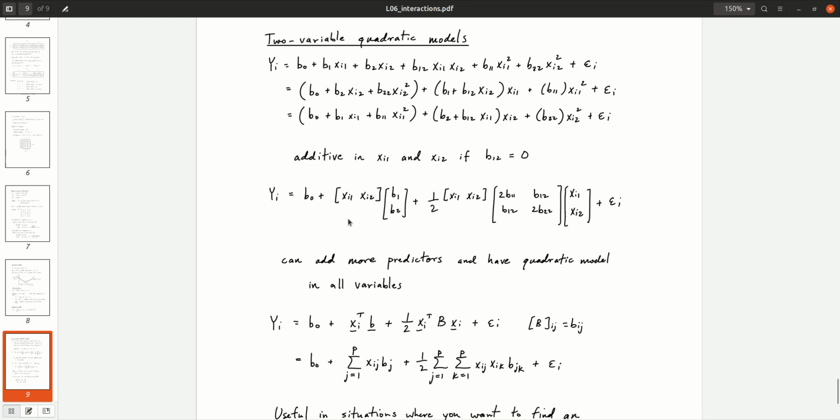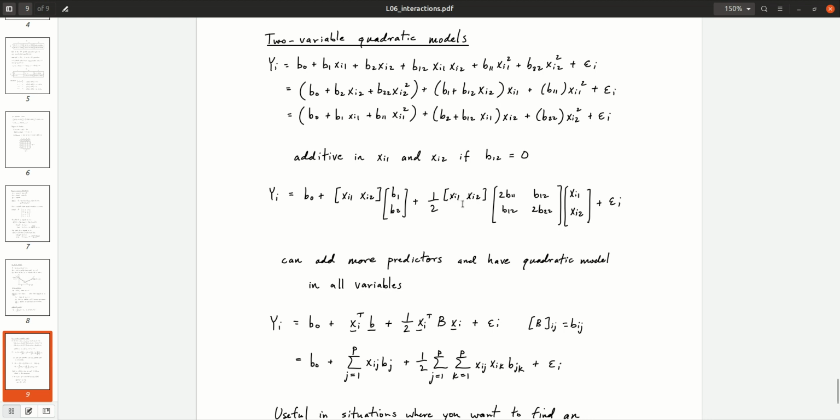So if you look at this formula, it is the exact same as this formula up here. So there's b0, and then we have the dot product between xi1, xi2, and b1, b2. So this will give us these two terms. And then we have this quadratic form.